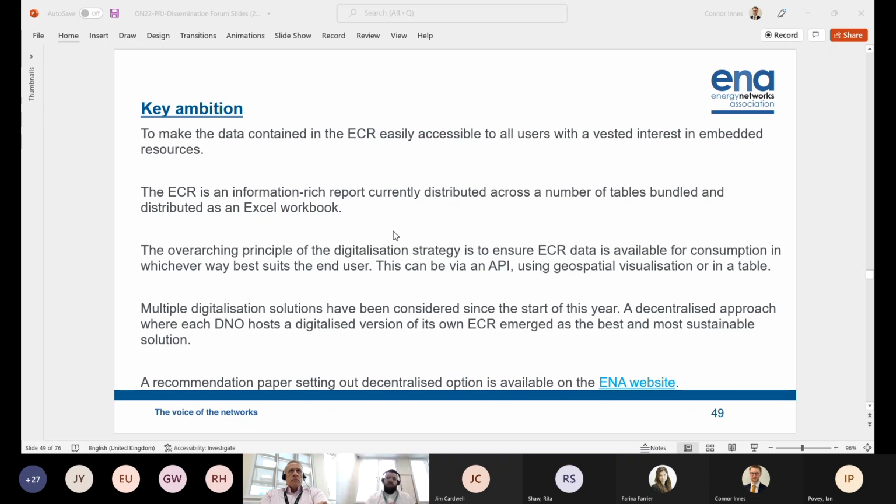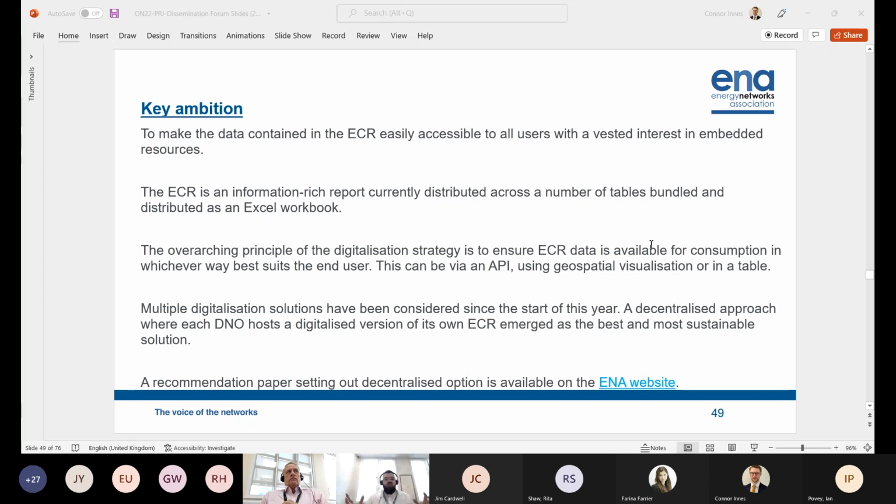This solution, although it has worked in the past and it's still working for now to some extent, is not exactly a sustainable way of distributing this information to our users, which has created the need to digitalize the report.